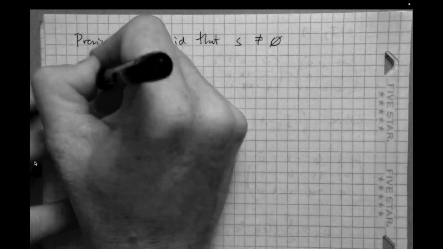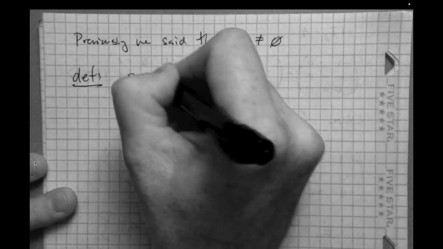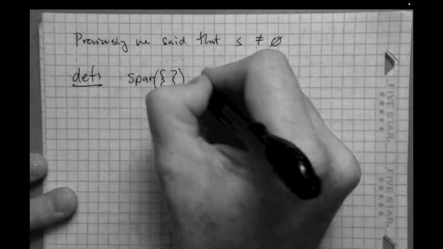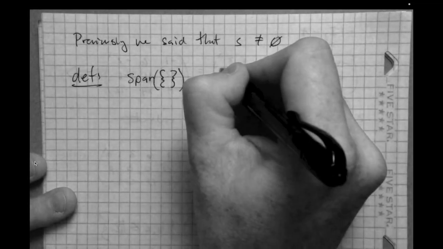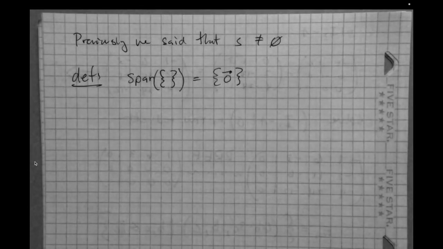But we can actually extend the definition of span to include the span of the empty set. And so that's what this last piece is about. The span of the empty set is equal to the zero vector.